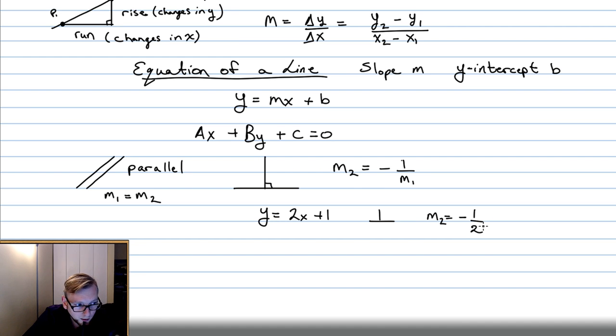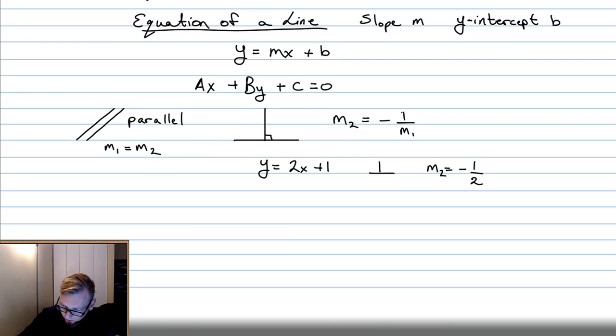Now, let's do a couple examples. Let's do this one that's a little more complicated. Another thing you could say is m1 times m2 is equal to negative 1, if you wanted to do it that way.